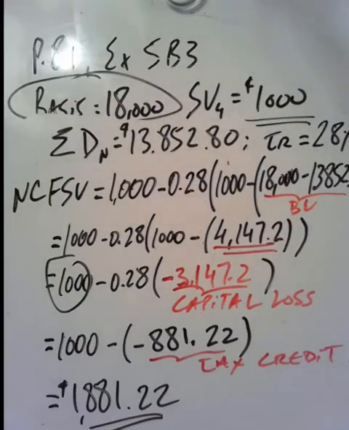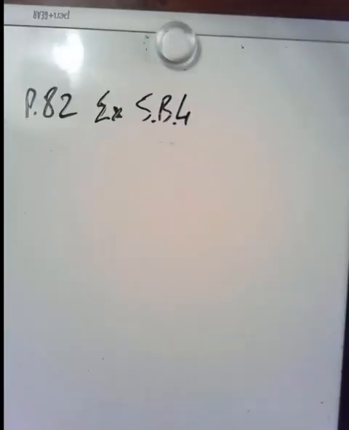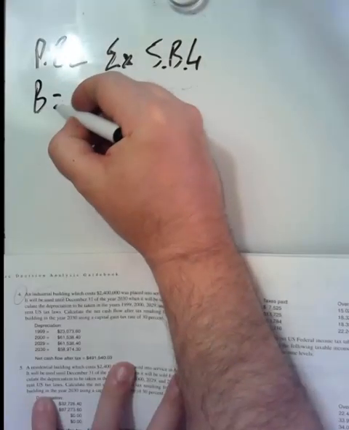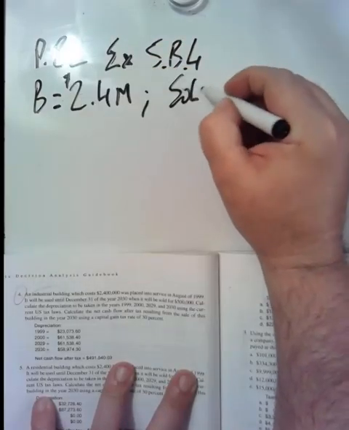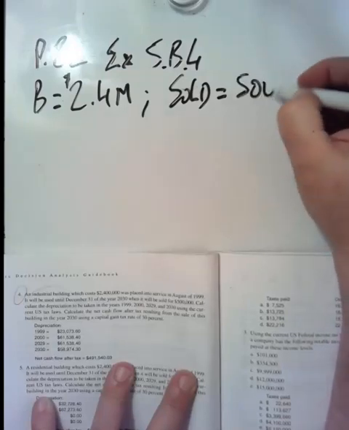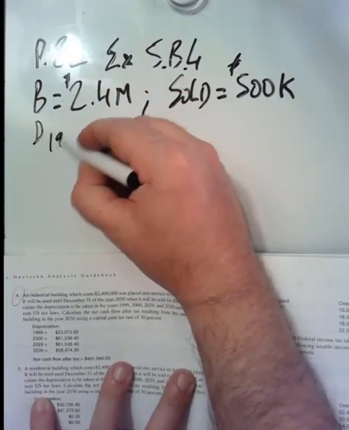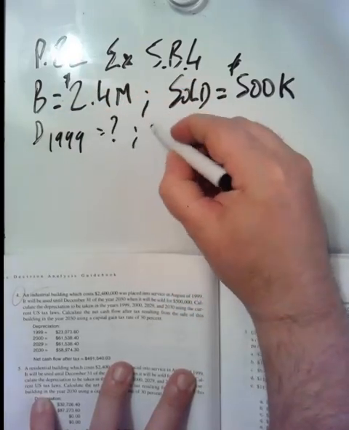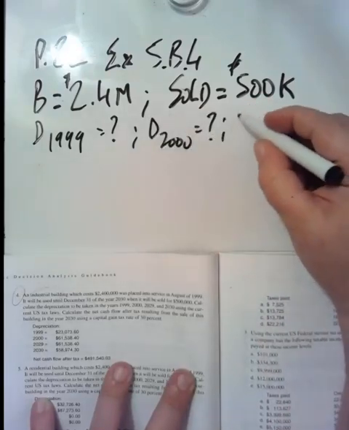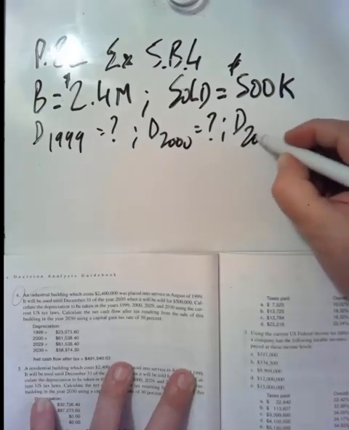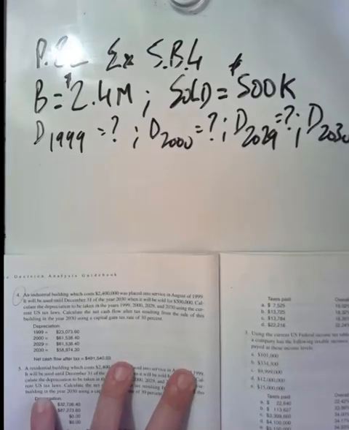So let's write down the information. Exercise 5B4 on page 82. Basis 2.4 million, sold for 500K, and they want to know the depreciation for 1999, depreciation for 2000, depreciation for 2029, and depreciation for 2030.